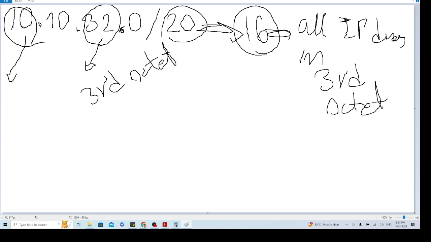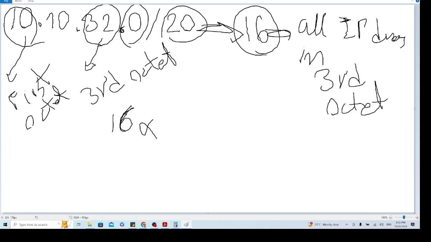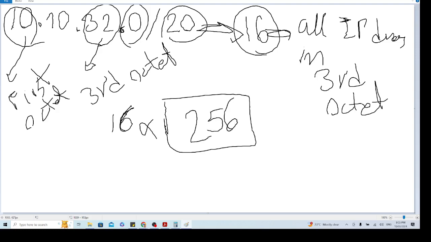This is the first octet. You know that. So once you have 16 there, that 16 will be multiplied by how many available IP addresses we can have in the fourth octet? 256. It is another way.